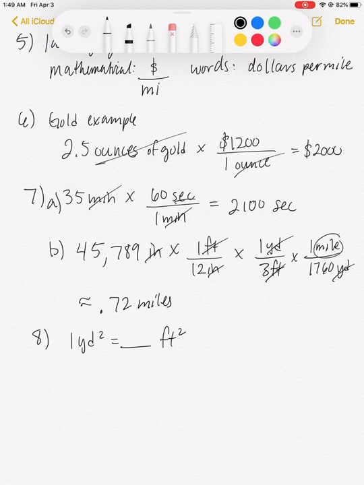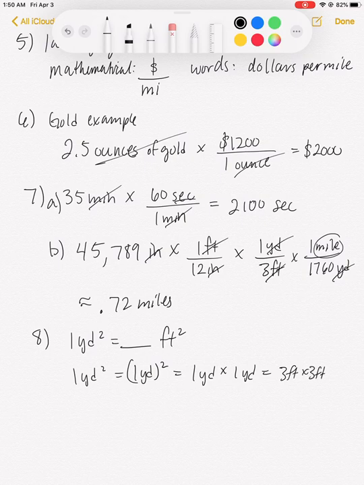Numerically, I take 1 yard squared and set that equal to 1 yard quantity squared, which is the same as 1 yard times 1 yard, which is the same as 3 feet times 3 feet, which is equal to 9 feet squared. So there's my conversion factor.